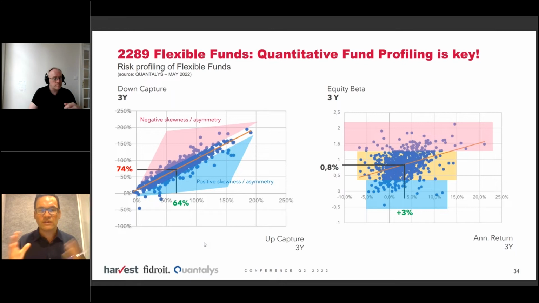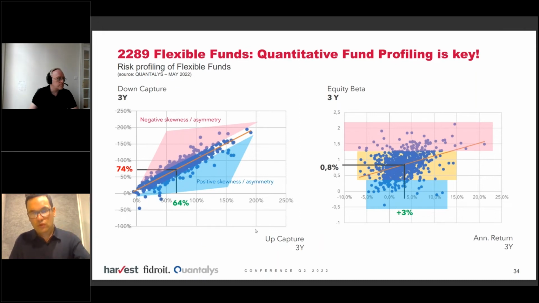You have this positive asymmetry: you capture more when the market is up, and less when the market is down. And it gives you this graph. Clearly, on average, you have 64, 74, sorry, and you have neutral asymmetry close to 1:1. In fact, you capture 100% of the up and of the down.